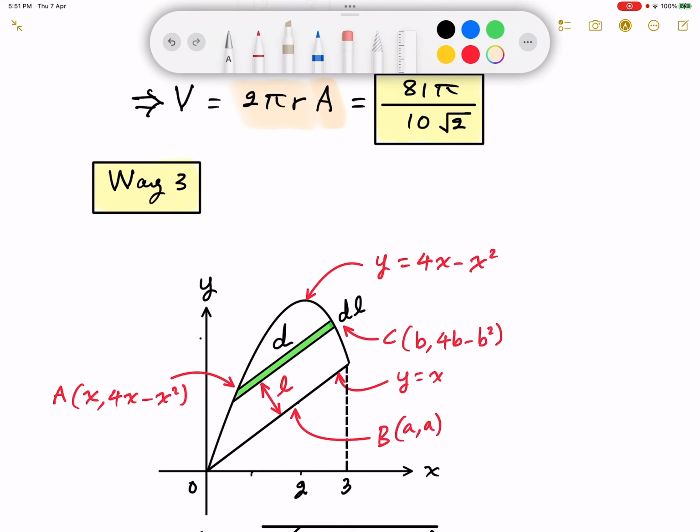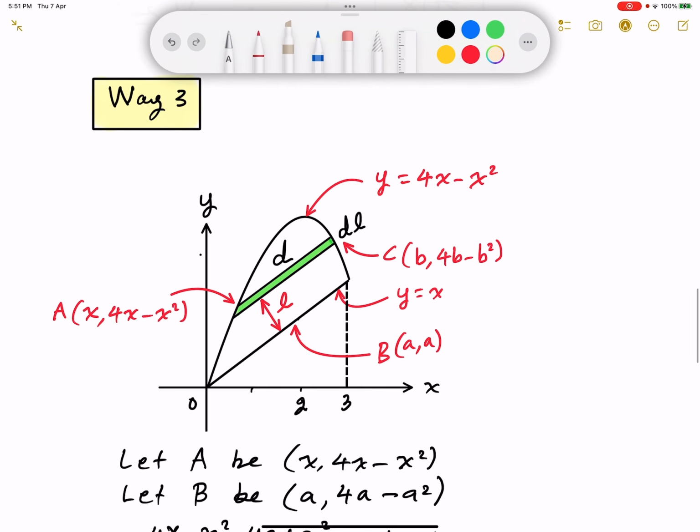Your slices are going to be parallel to the axis of revolution. So if you revolve these slices, they're going to generate cylinders around the axis of revolution. So you need to let, and the slices are going to now change between a value here between 0.